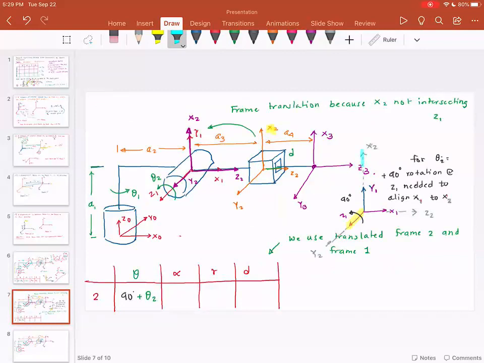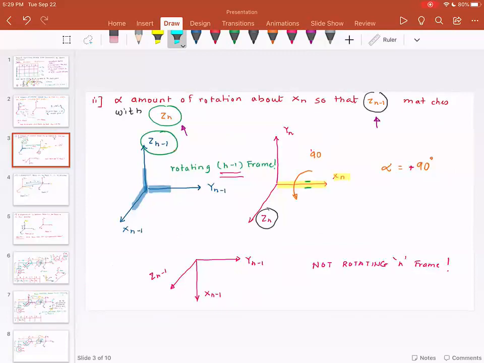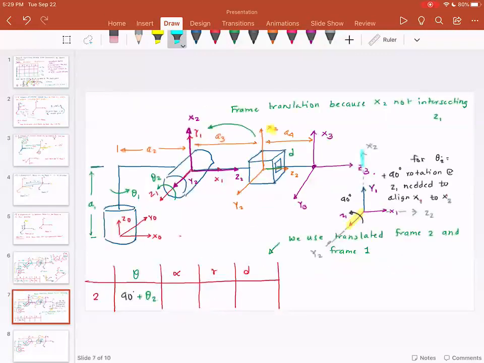Amount of rotation that is needed is about x2 so that z1 matches with z2. So let's see, where is z1?